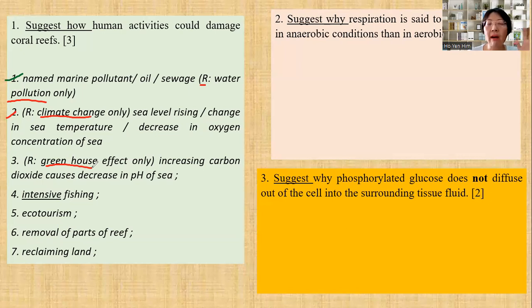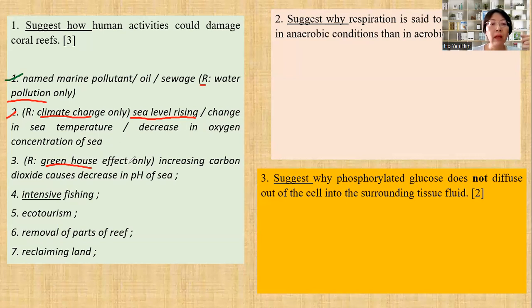Because all these answers are Form 5 level, O level answers. This is A level, so to give an A level answer means more detail. What is it? Sea level rising, because of ice melting, because of temperature increasing.